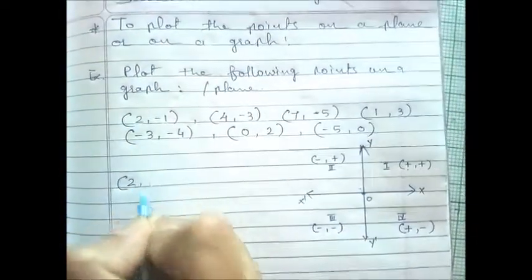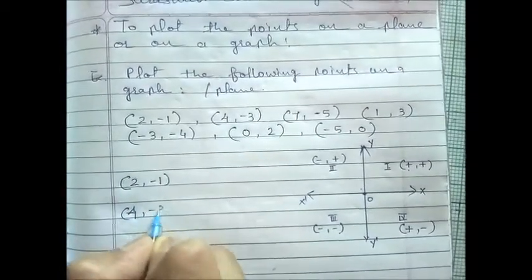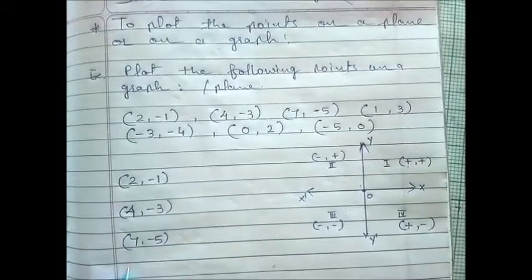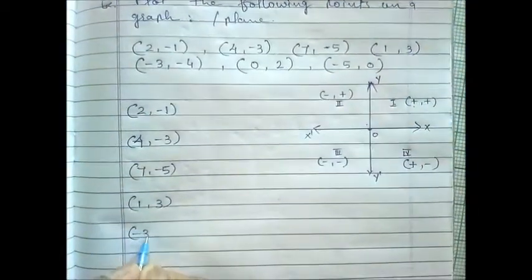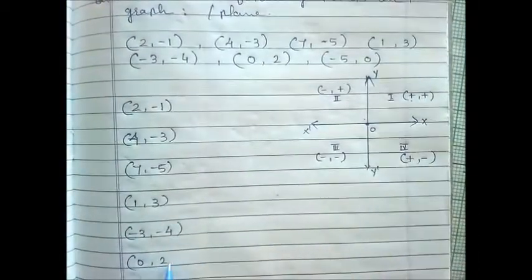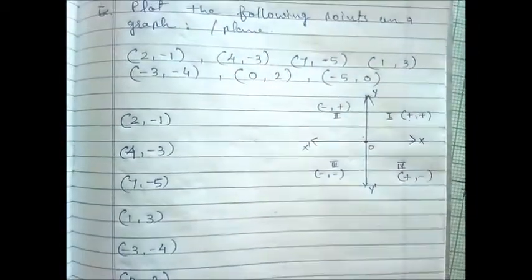Now let's identify the quadrant for the first point, then the second point, then third, fourth, then the next one, this (-5, 0), right?